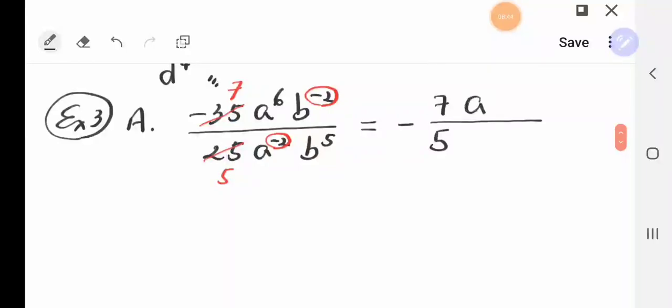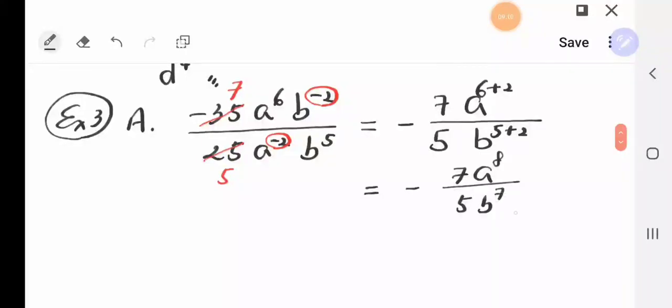And then the exponent of A is 6 plus 2, because negative 2 moved to the numerator becomes positive 2. And then B, move negative 2 to the denominator, so 5 plus 2. So this is equal to negative 7 a to the 8th power divided by 5 b to the 7th power.